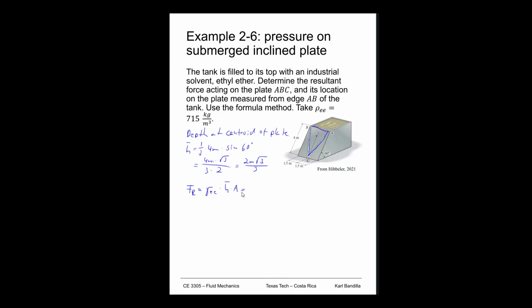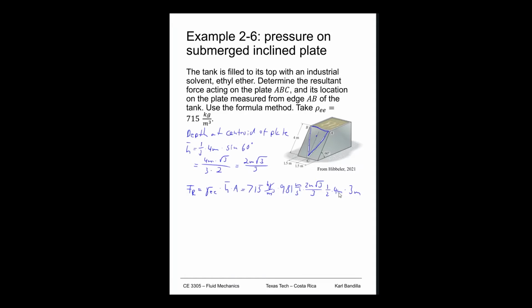Of course, we're not given the specific weight, we're given the density, so that would be 715 kilograms per meter cubed times 9.81 meters per second squared. Our H bar was 2 meters times square root of 3 over 3, and then the area is a triangle, so 1/2 times the height, 4 meters, and the base, 3 meters.